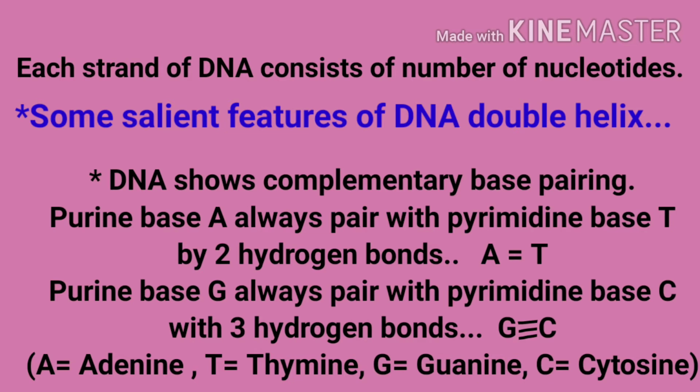Purine base A, that means adenine, always pairs with pyrimidine base T, that means thymine, by 2 hydrogen bonds. And purine base G, G stands for guanine, always pairs with pyrimidine base C, that means cytosine, by 3 hydrogen bonds.